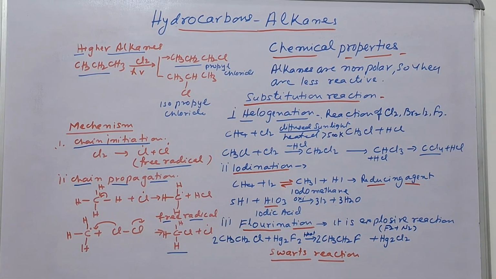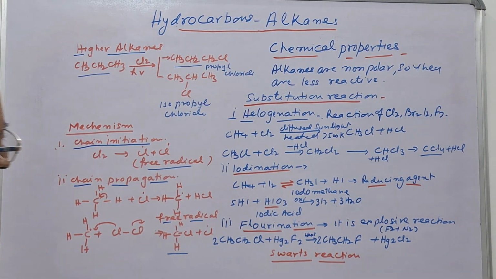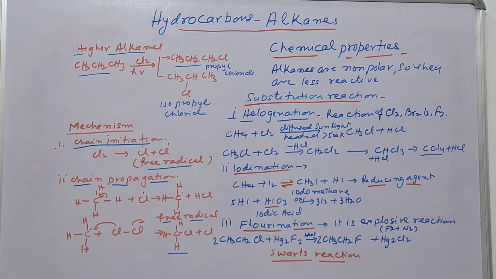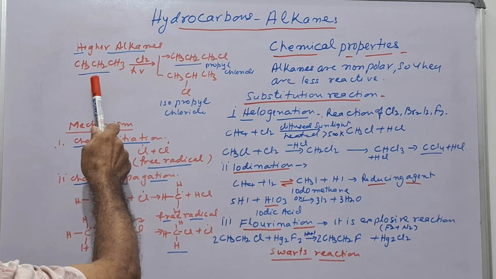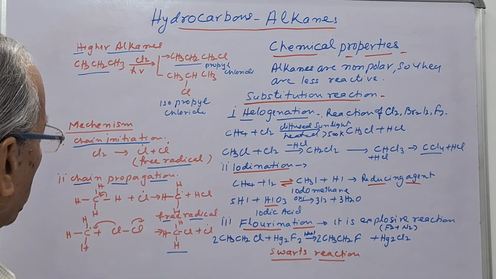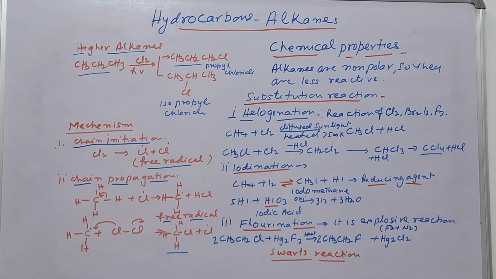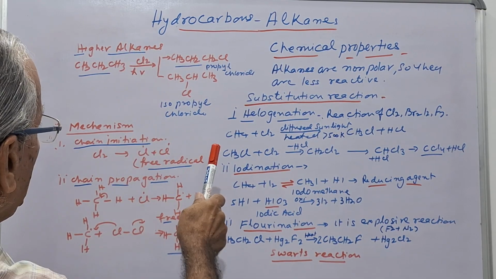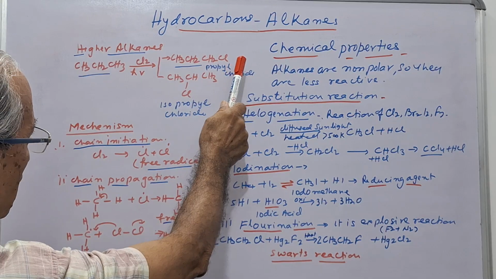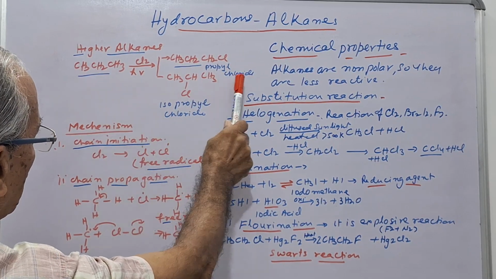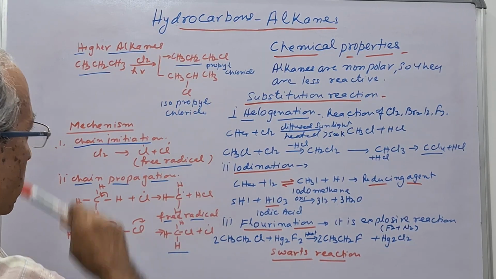Now, these reactions are with lower alkanes. Now, what will happen if we take higher alkanes? Here I take one example, that is propane. Propane, when it reacts with chlorine in diffuse light, you see it forms one is propyl chloride and the other is isopropyl chloride.